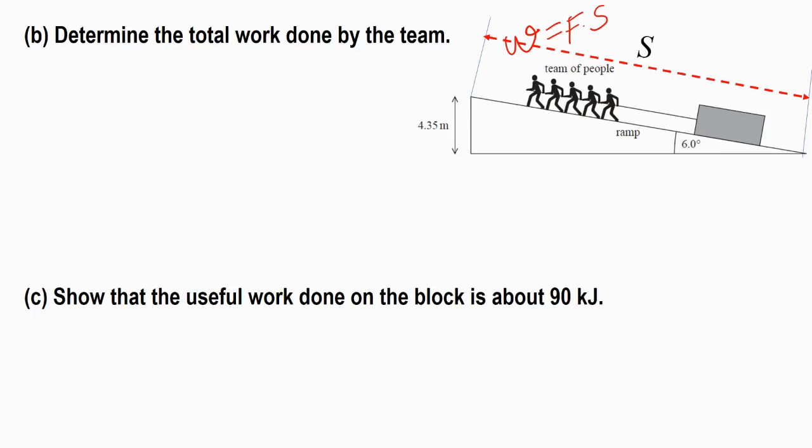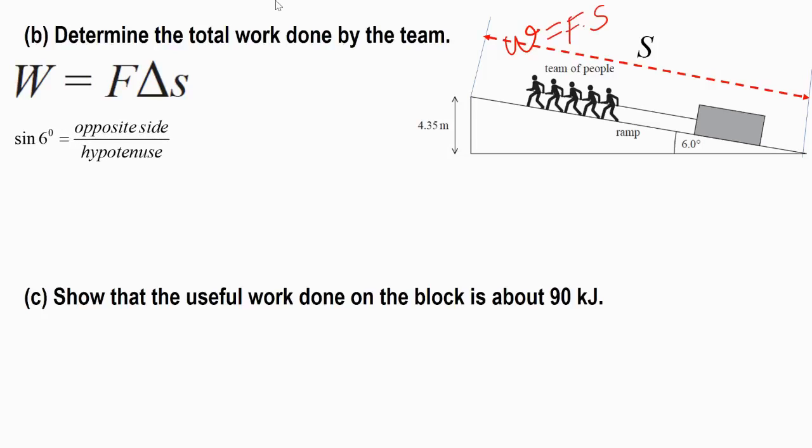Then, applying the sine: sin 60 equals opposite side by hypotenuse. The opposite side is the height, that is 4.35 meter, divided by the hypotenuse, which is the displacement.